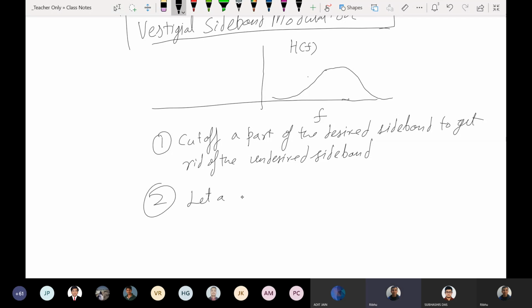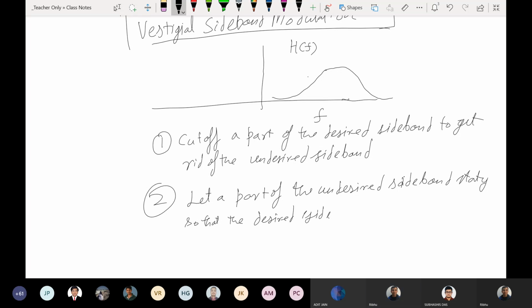Two, let a part of the undesired sideband stay so that the desired sideband stays intact.